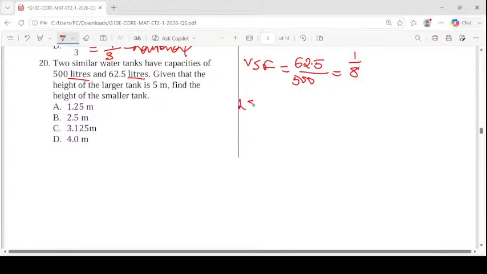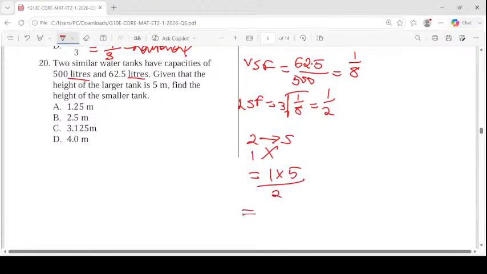So the linear scale factor will be the cube root of 1 over 8 to give you 1 over 2. Given that the height of the larger one is 5, this 2 represents 5. What about the smaller one which is represented by 1? You cross multiply. This will be 1 times 5 divided by 2 to exactly give you 2.5 meters, which is choice B for boy.